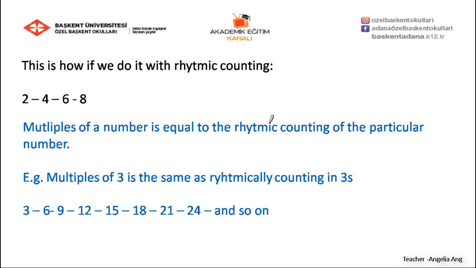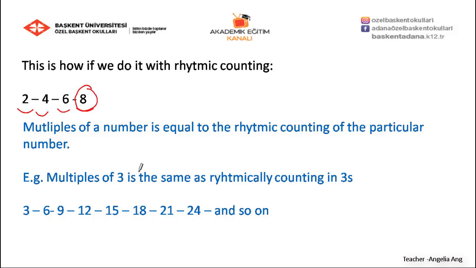Another way to solve that problem is to do rhythmic counting. We do rhythmic counting by 2. 2, 4, 6, 8. And we find the final result, which is 8. Multiples of a number are equal to the rhythmic counting of that particular number.